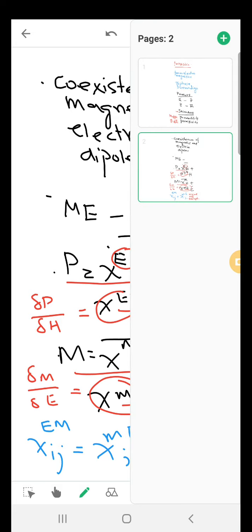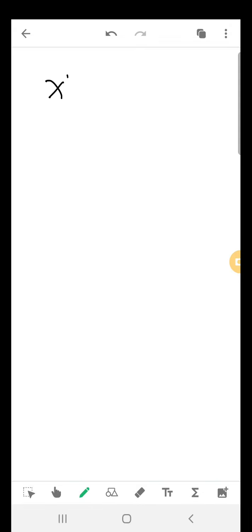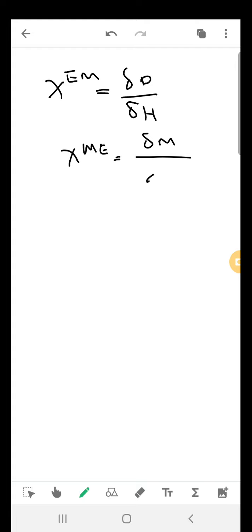So we convert it once again. M is equal to P by delta H, ME is equal to delta M by delta E, and also chi ij EM is equal to chi ji ME.